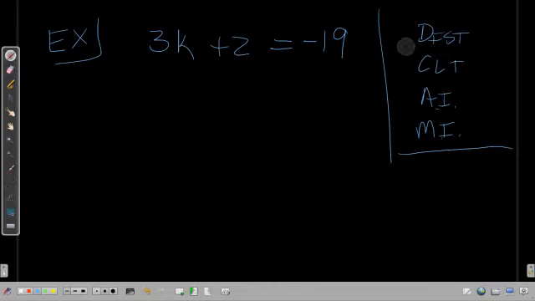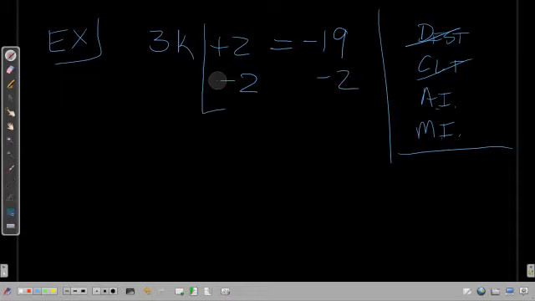Well, distribution and combine like terms, nothing to do there. All we need to work on is additive inverses and multiplicative inverses. Clearly, we would want to solve for the k. And the term that has the k has got something being added to it. So I need the additive inverse of 2, which is negative 2.